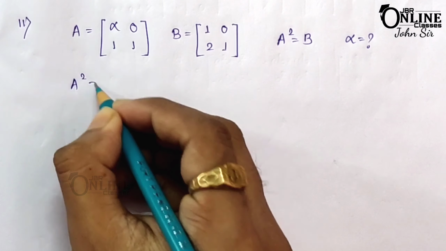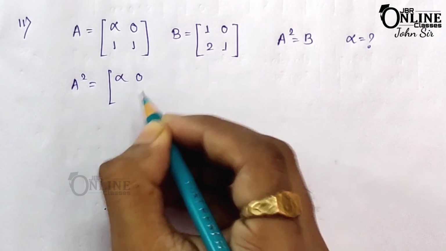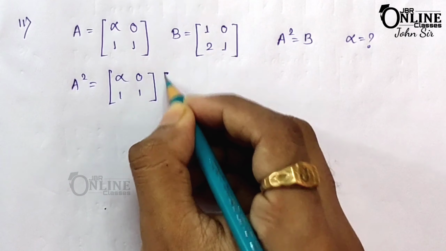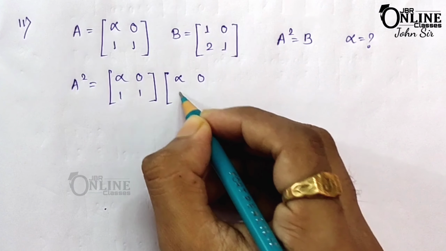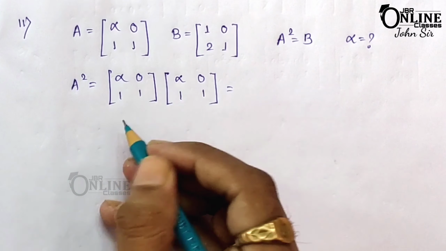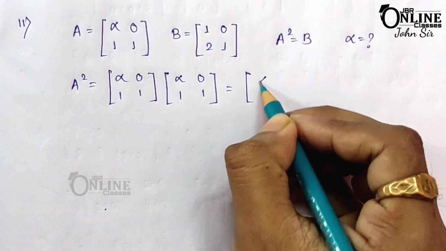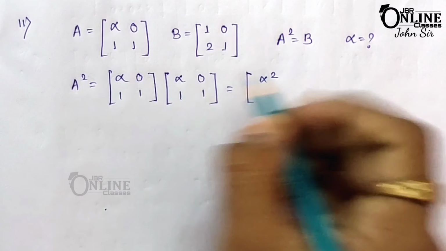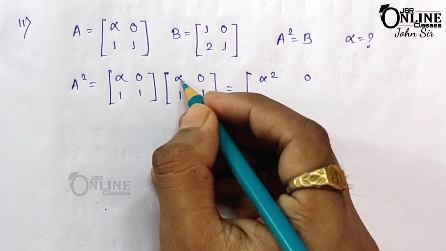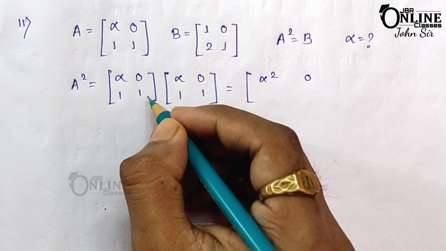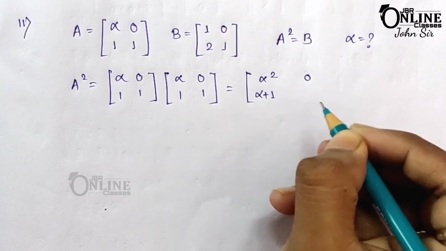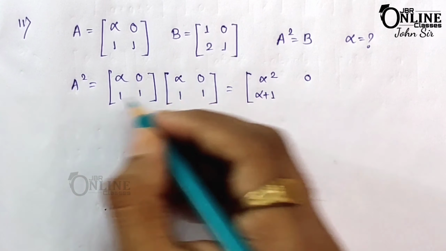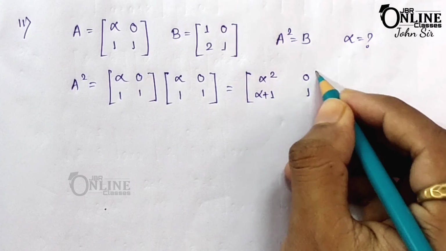So here A square equal to alpha 0 1 1, then again multiply with alpha 0 1 1. So it will be alpha square, the first one, then here 0 into alpha plus 1 into 0, so it will be 0. Third one, alpha into 1 plus 1 into 1, so it will be alpha plus 1, and the last one will be 0 and 1, so it will be 1.